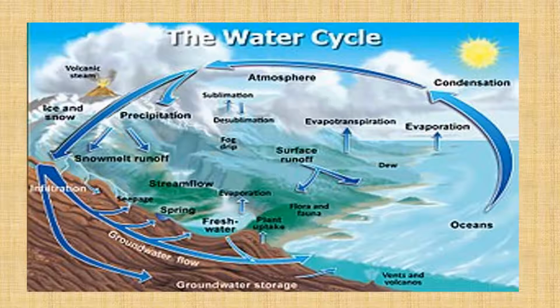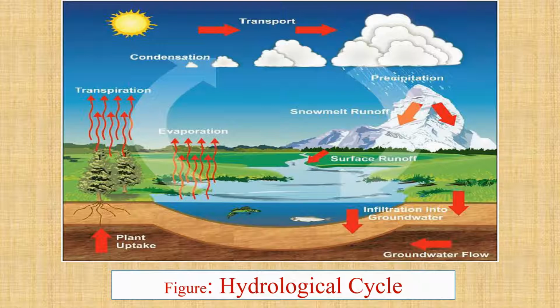I think you have observed the cycle and understood the water cycle in a better way. Now look at another picture. It explains clearly the water cycle or hydrological cycle. This picture also shows how water moves from oceans to land and land to oceans.